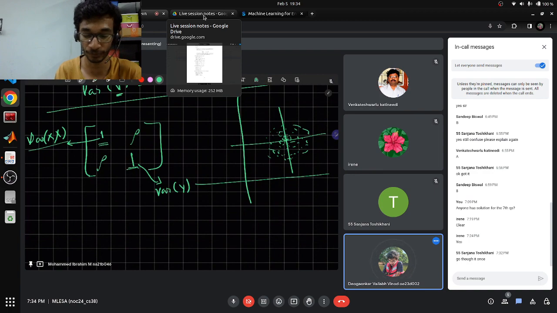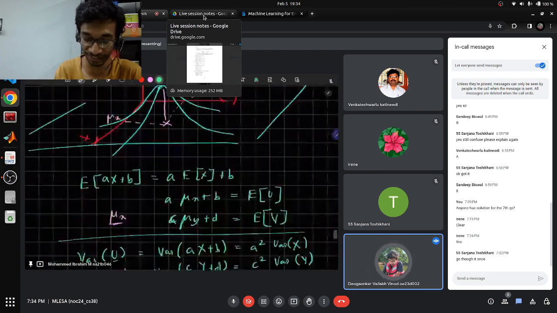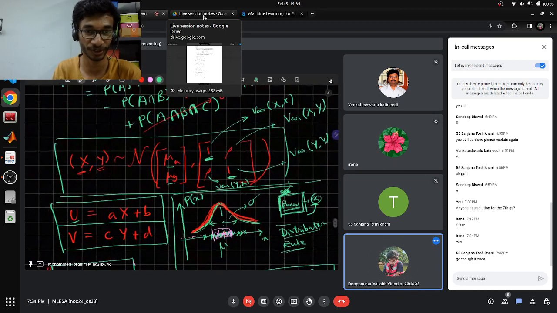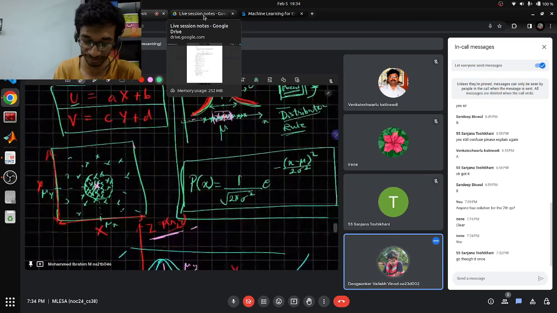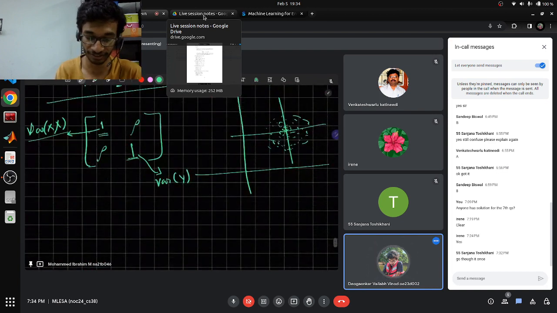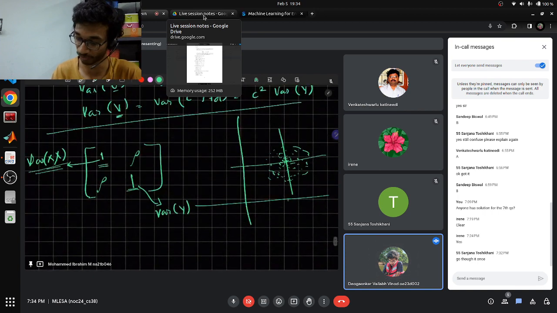This is true in any joint distribution. You are going to have this kind of covariance matrix, and this part of it tells you the spread of the data along the x-axis and the spread of the data along the y-axis.